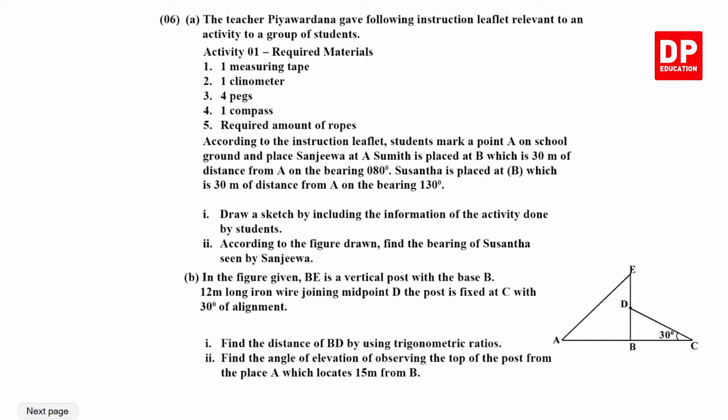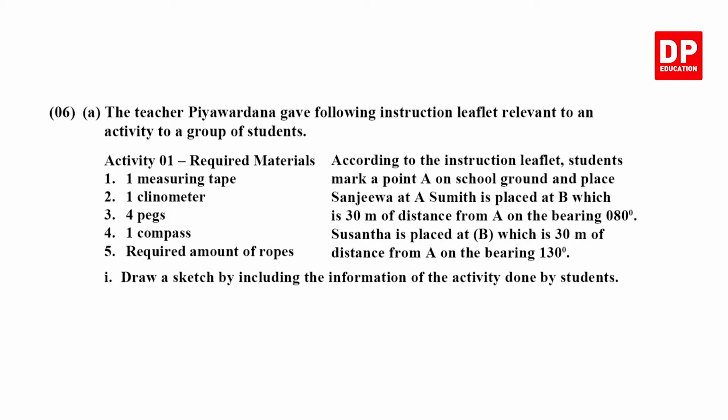Now you can try question number 6. That's scale drawing, and you are asked to find out lengths using trigonometric ratios. So part A, the teacher Piyavardhana gave following instructions leaflet relevant to an activity to a group of students.